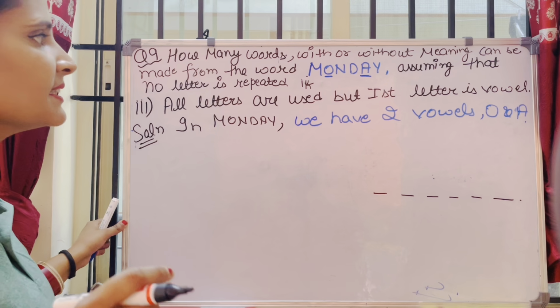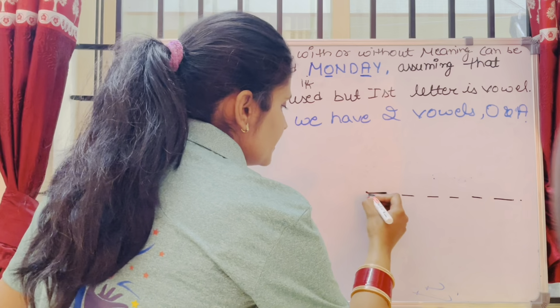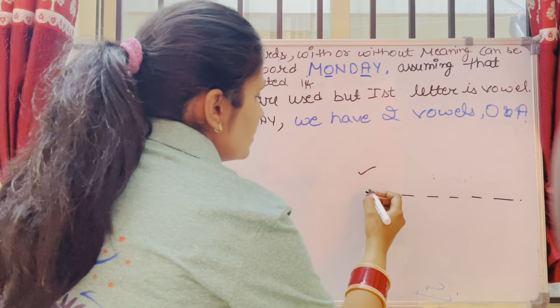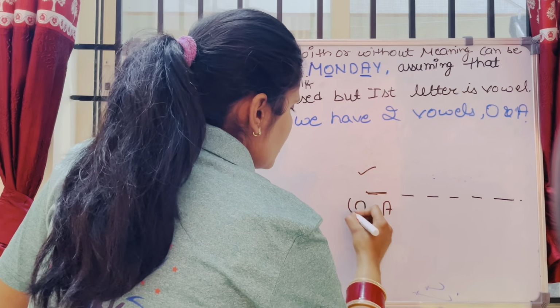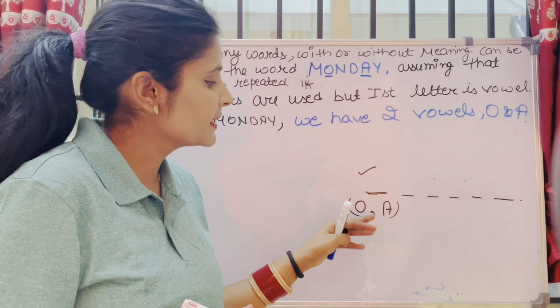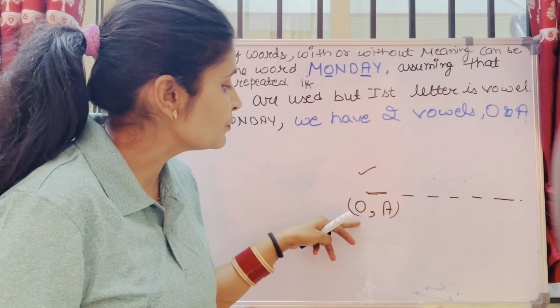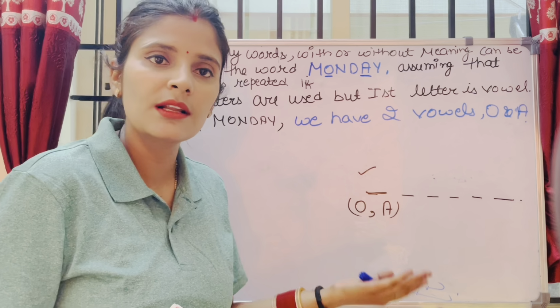The condition is that the first letter is a vowel. So in the first position, we have 2 vowels, which means we have 2 possibilities. Either O will come, or A will come.